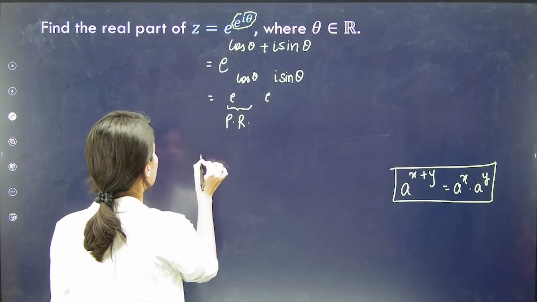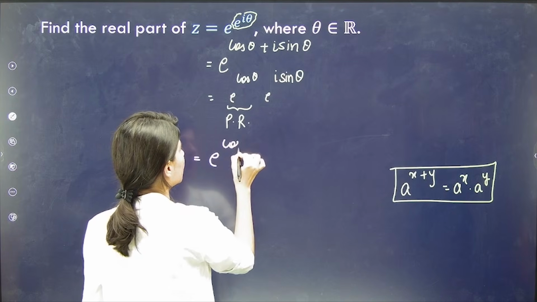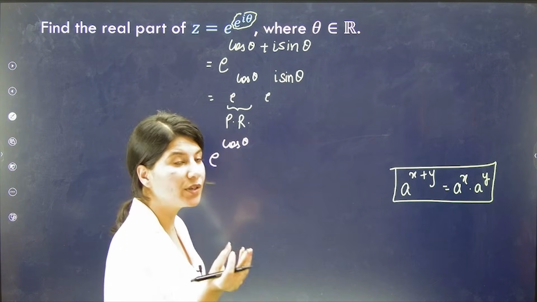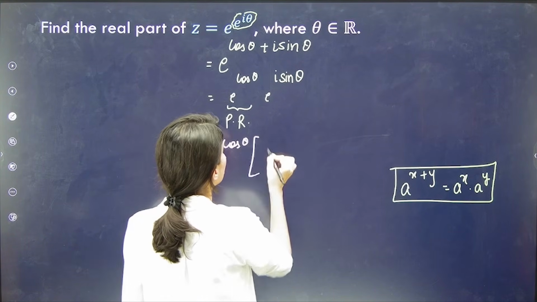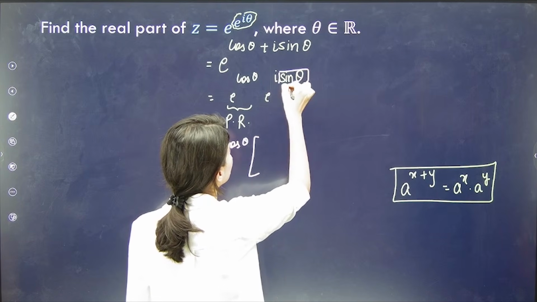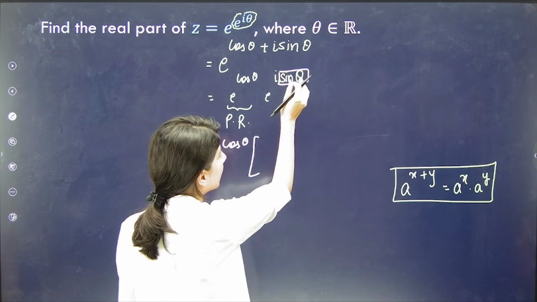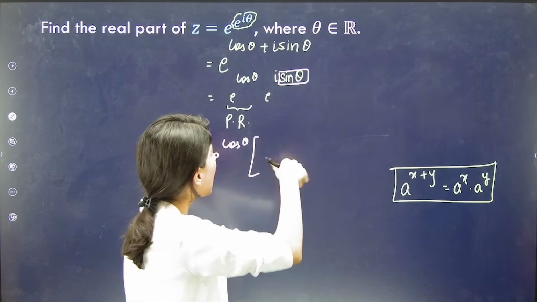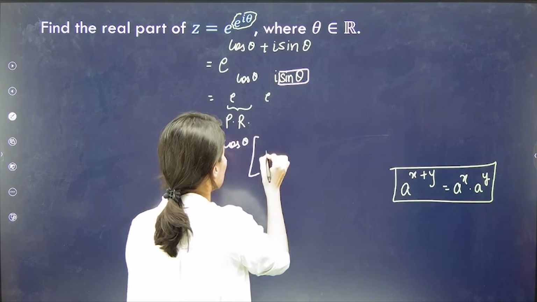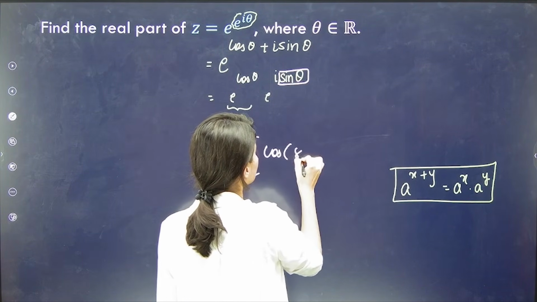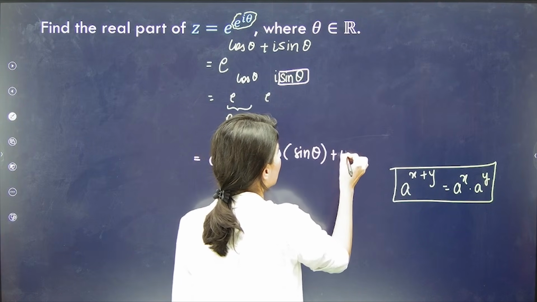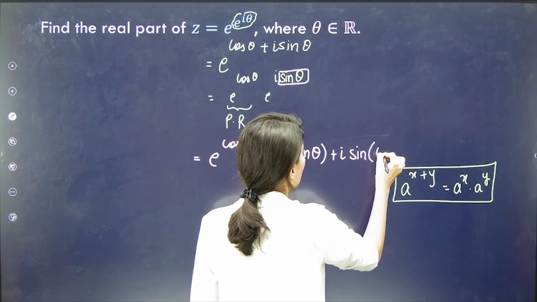So again, let's expand this. For e raised to power cos theta, there is no need to expand because this is a purely real number. E raised to power iota alpha is what? Cos alpha plus iota sine alpha.